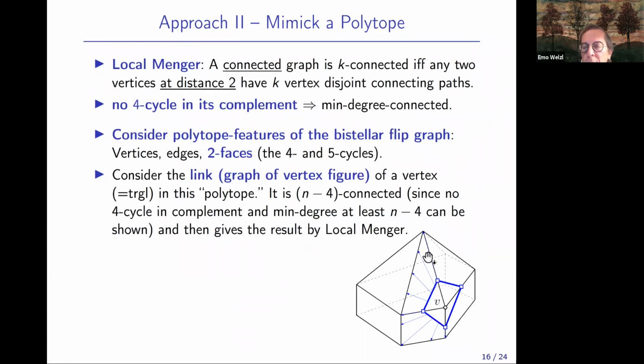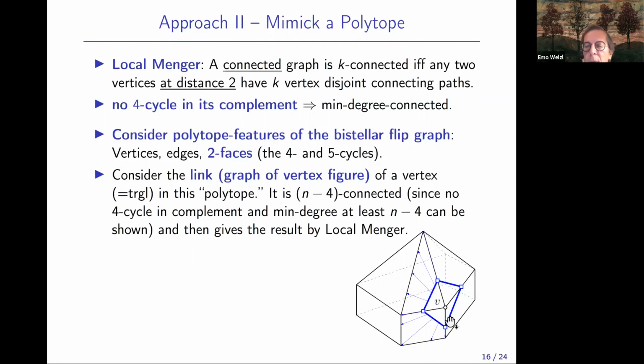So we need again this operation that we can map a path in the link, now we call it a link, back to a path in the original graph, and we can do this in such a way that vertex disjoint paths map to vertex disjoint paths.